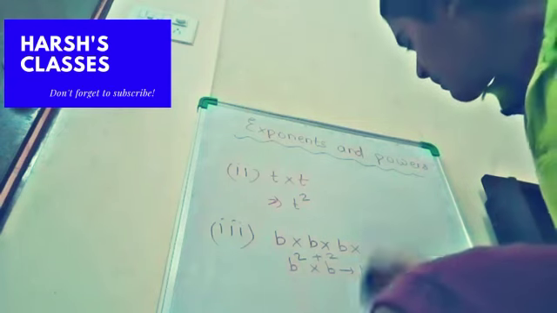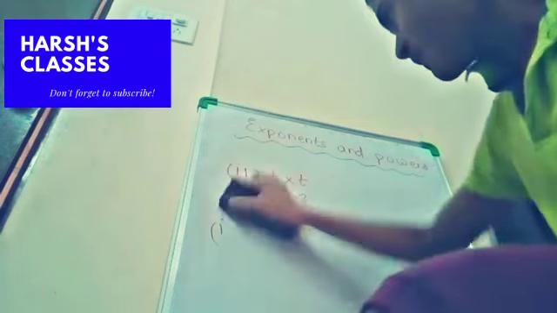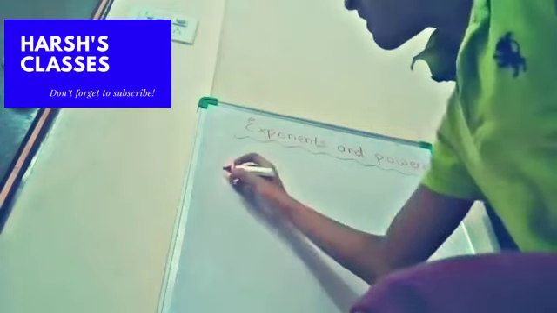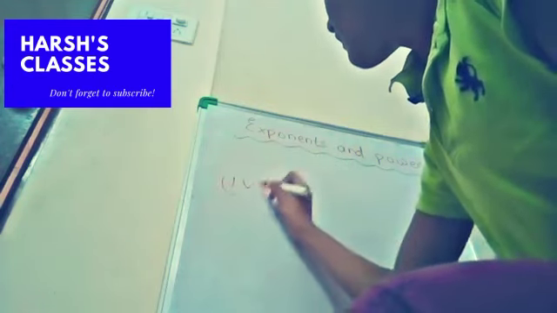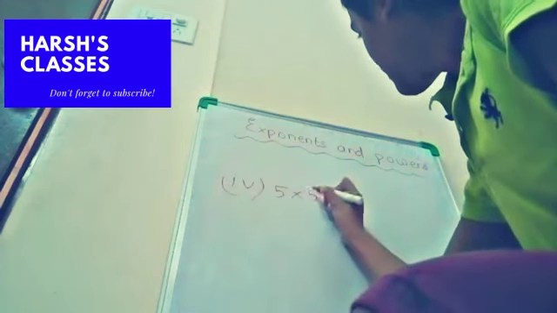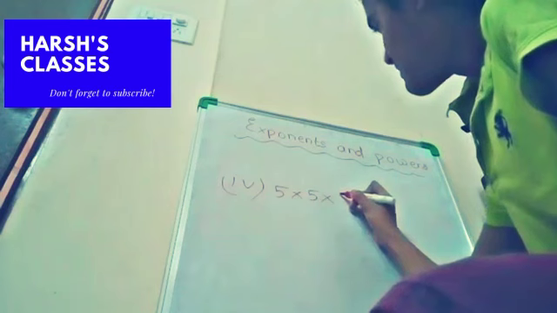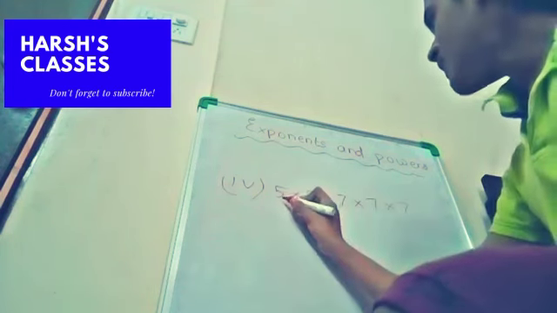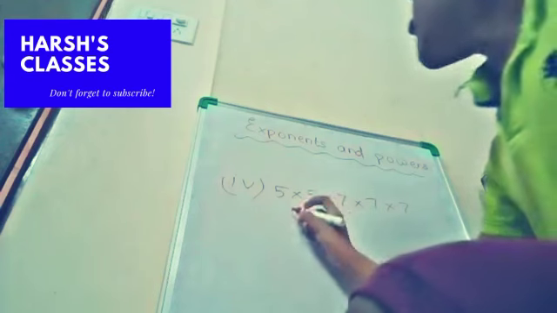Now we will go for the fourth one. The fourth question is 5 into 5 into 7 into 7 into 7. So 5 is multiplied how many times? It is 2 times.